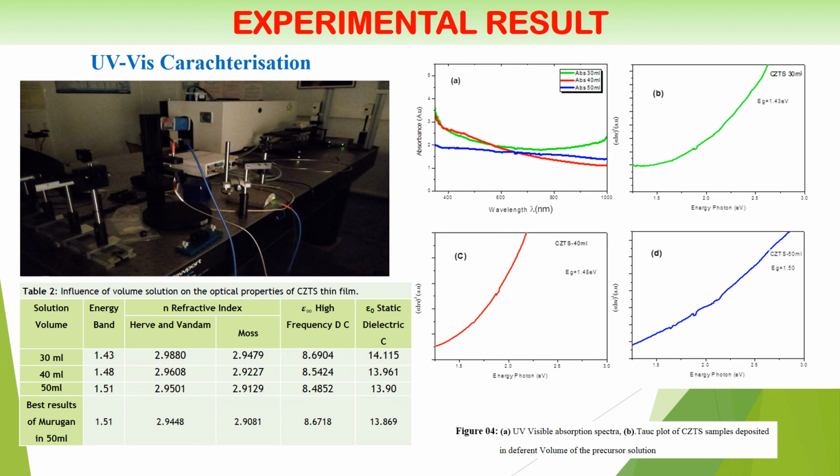So the direct band gap of the CZTS thin films is estimated to be 1.51 electron volt with an appropriate solution volume of deposition around 50 milliliters, which is the optimal band gap for visible light absorption and close to the typical value reported in the literature.